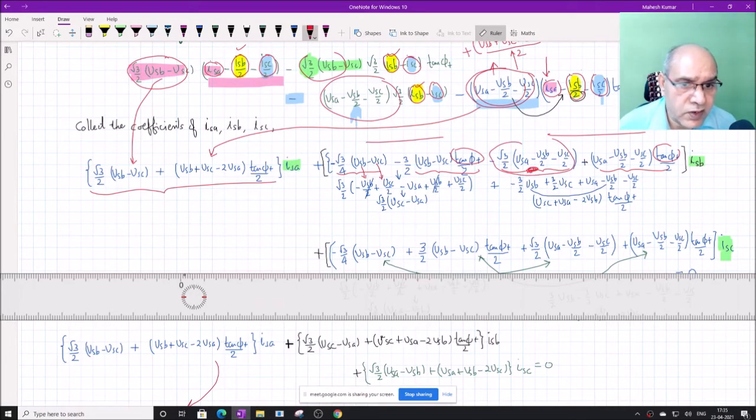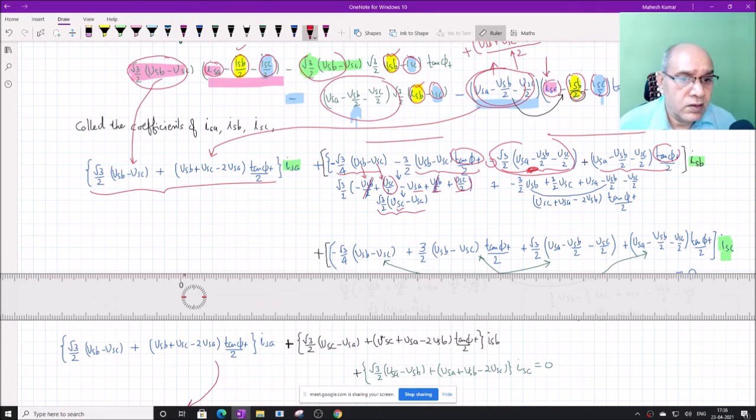So minus root 3 by 2 is common, therefore BSA becomes minus, because the minus sign is here. So minus BSA plus BSB by 2 plus BSC by 2. You see here, this BSB will go away, and BSC by 2 and BSC by 2 becomes BSC and minus BSA. So it is BSC minus BSA. So it is the same term.